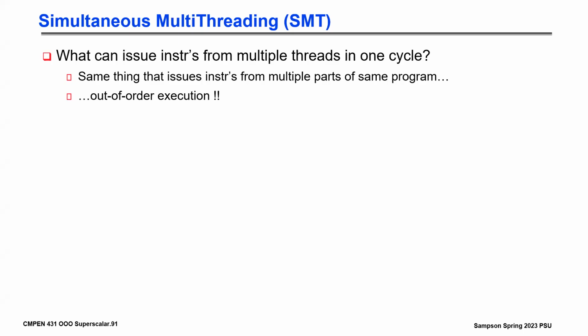I have an add instruction from thread 0. I have an add instruction from thread 1. I have renamed both of them to be referring to physical registers. Is there going to be any problem if I send them down the pipe at the same time? No, because I mapped both of them entirely into the same space of physical resources that I'm using. That's the same identical hardware, without any changes at all.